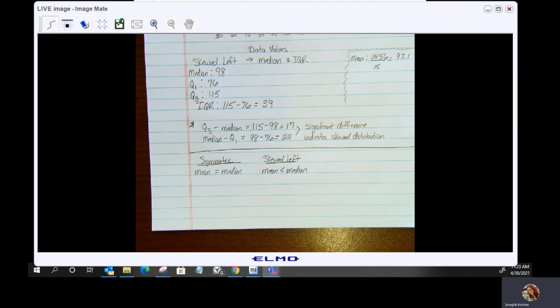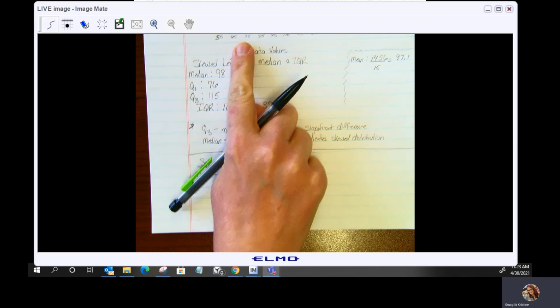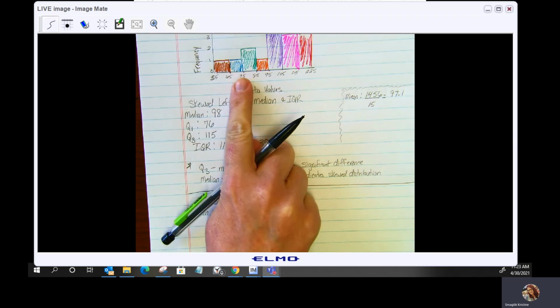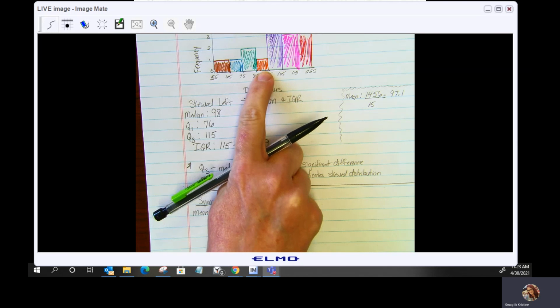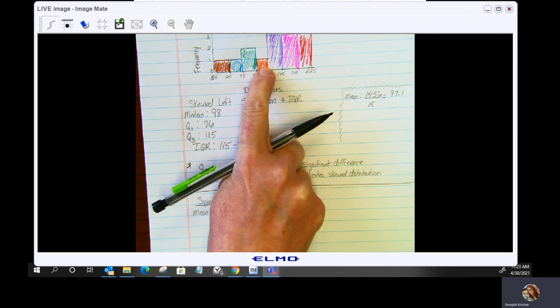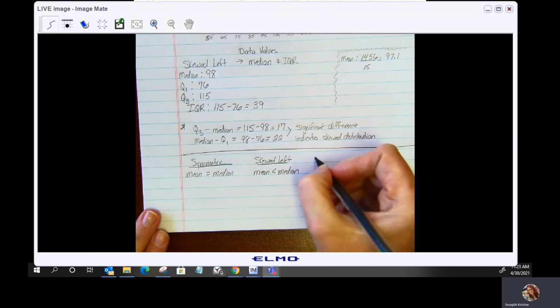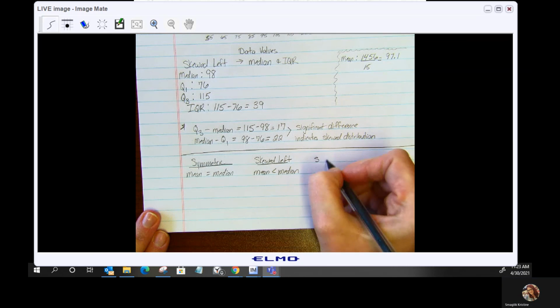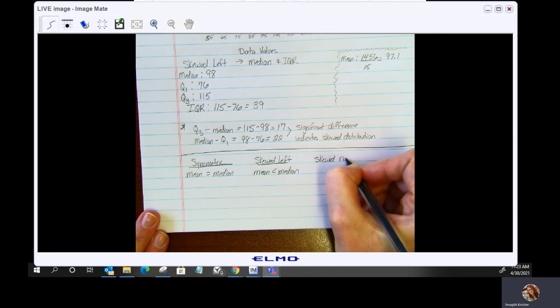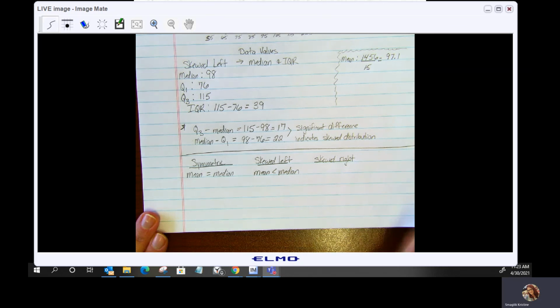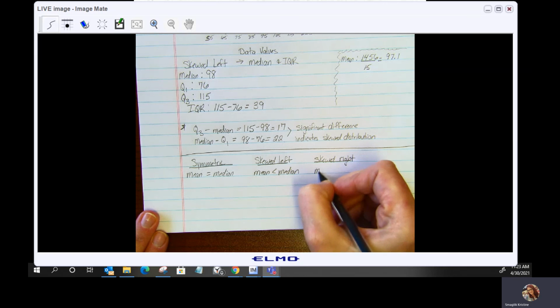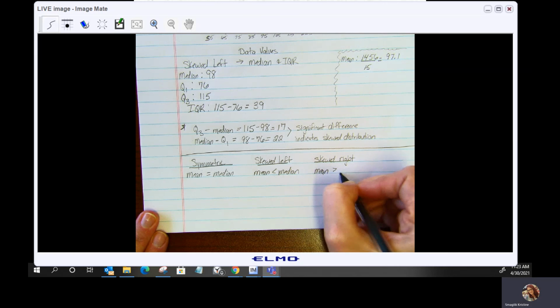Graphically, your mean would be almost in the tail of your data, like we have here. Our mean was at 97.1, so it was on the lower end here. Skewed right: if you are skewed right, your mean would be greater than your median.